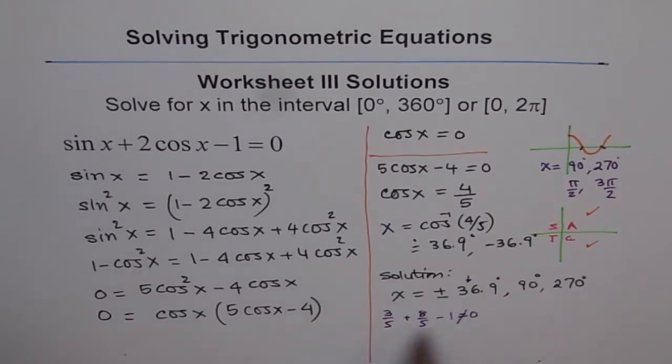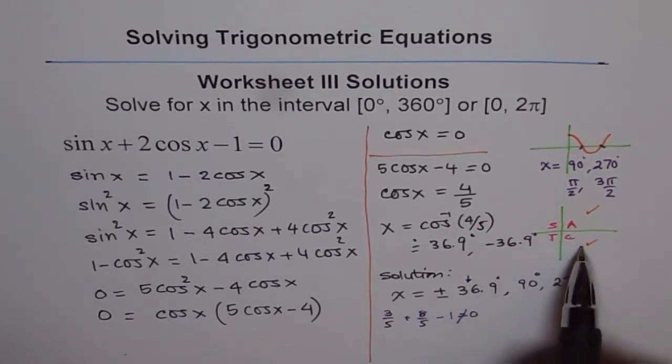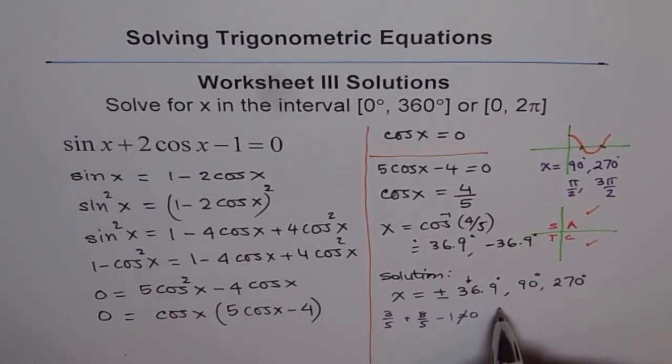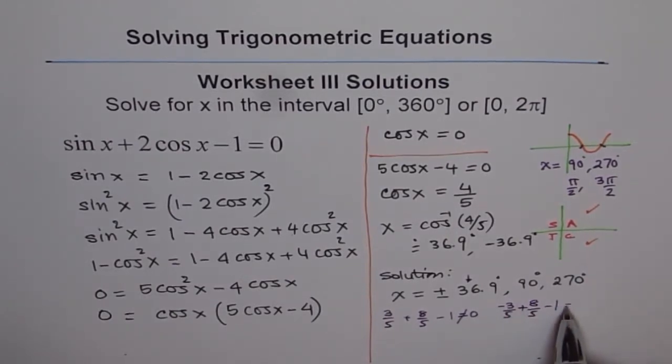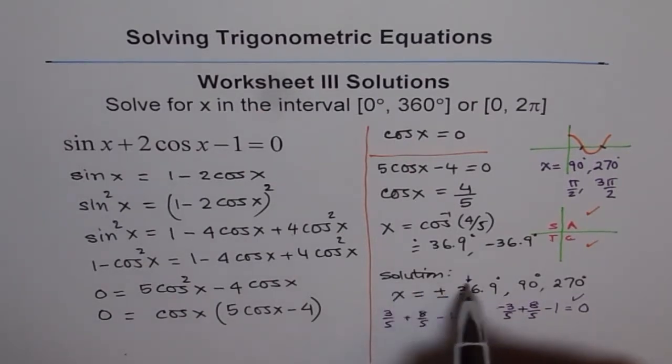So let's try minus 36.9. Minus 36.9 practically means the sine is negative. So it will be minus 3 over 5 plus 8 over 5 minus 1. That gives us 5 over 5 minus 1, which is equal to 0, right? So therefore, we should not write these as solutions.